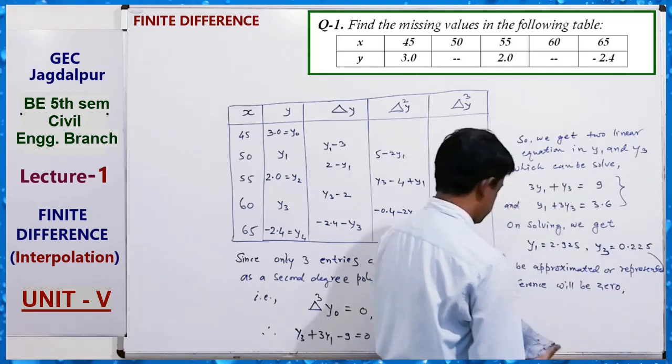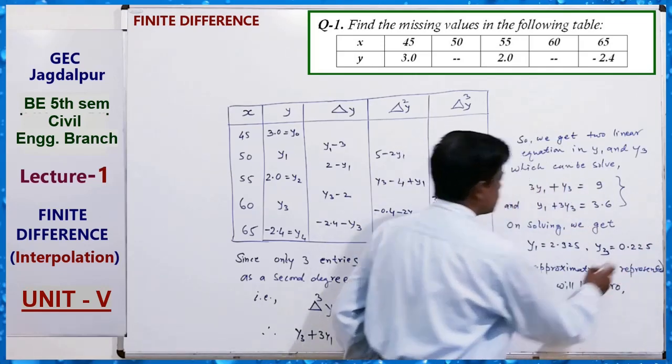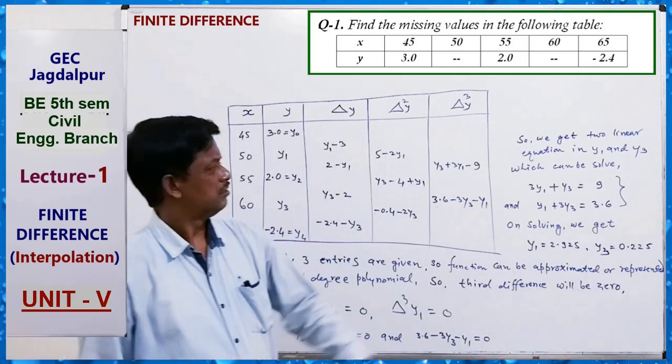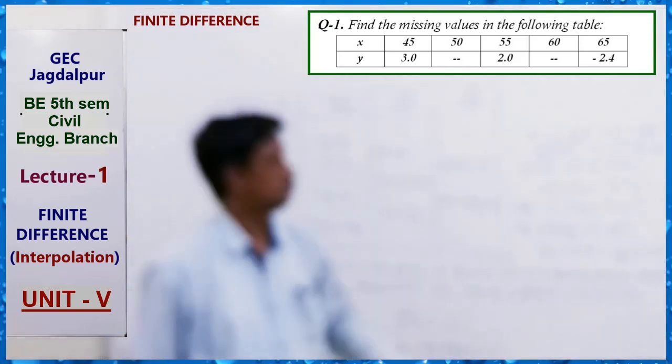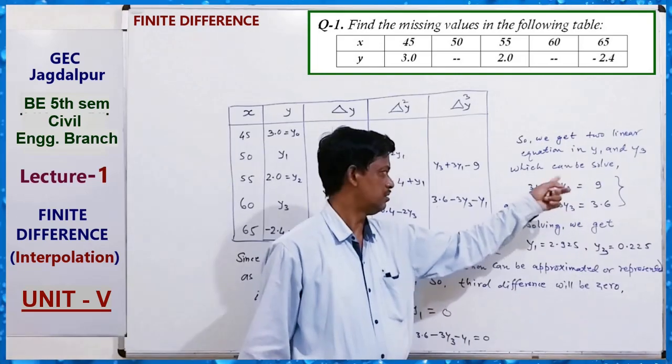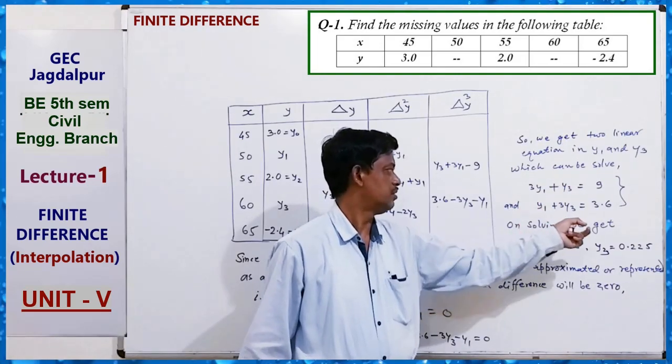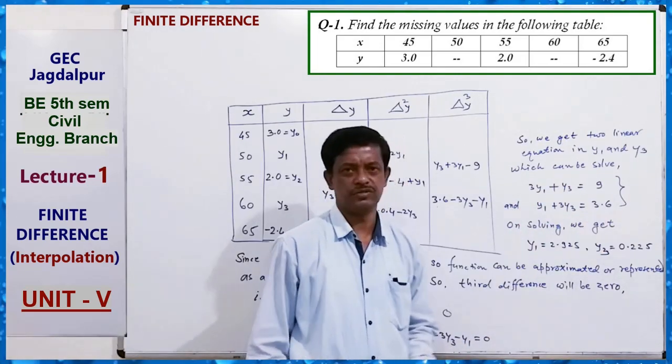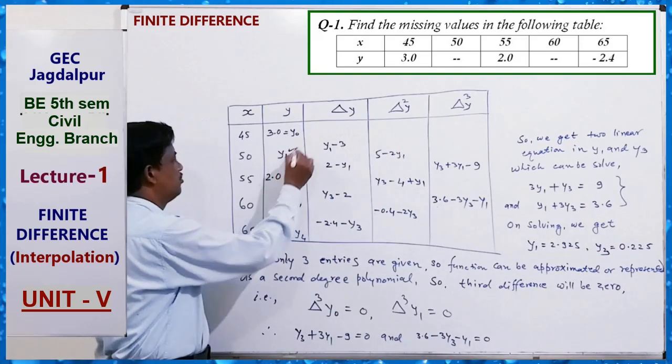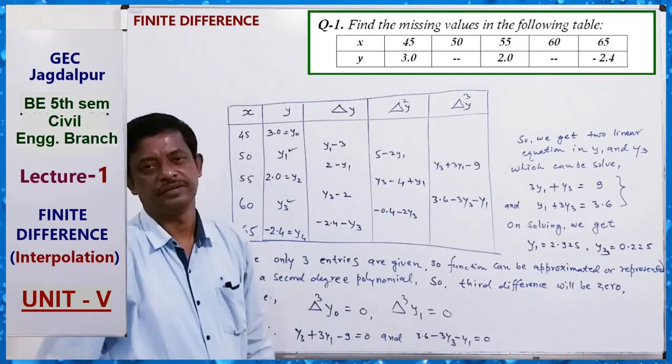You can use a calculator. Two linear equations you can solve by eliminating, and on solving we get y1 equal to this, y2 equal to this. So this is the missing term, y1 and y3 are given.